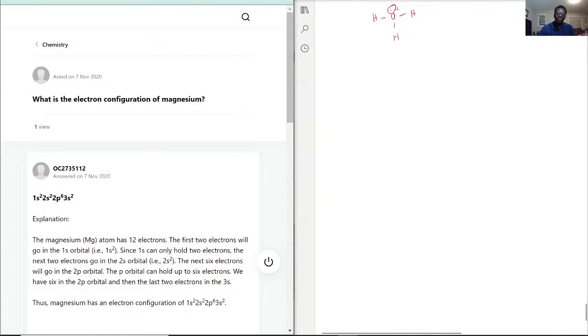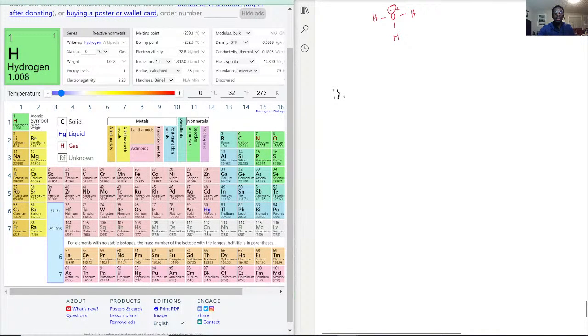So number 18. What is the electron configuration of magnesium? Okay, so magnesium is the 12th element. So if we did the same 1s, 2s, 2p, 3s, we're going to stop there.